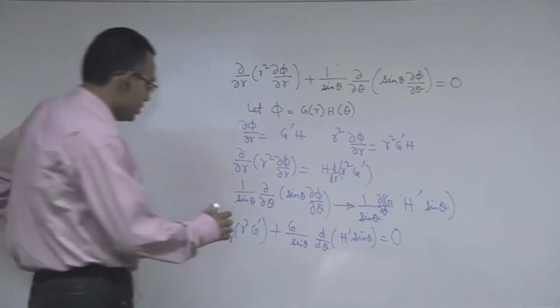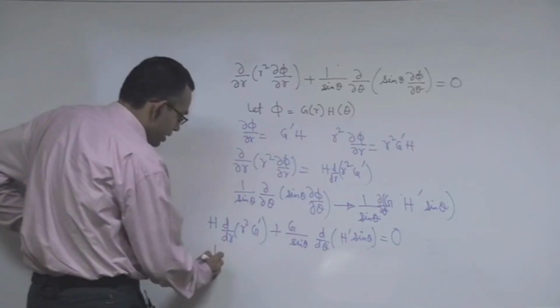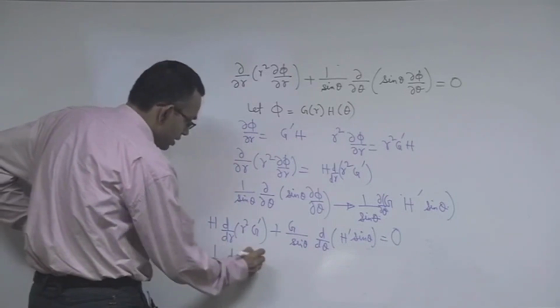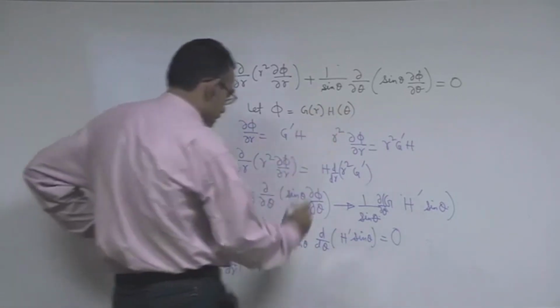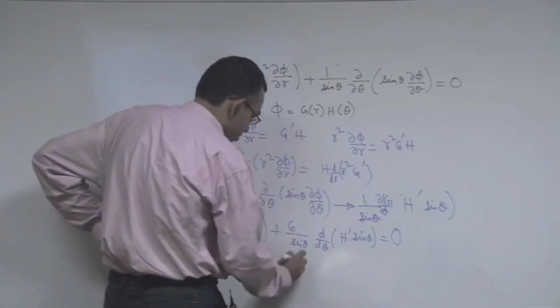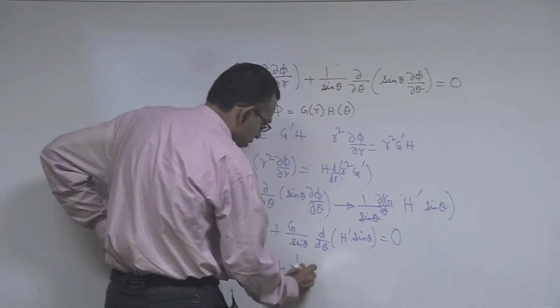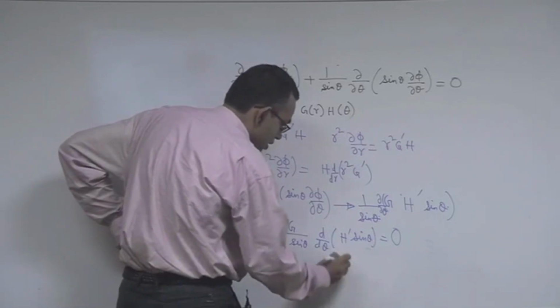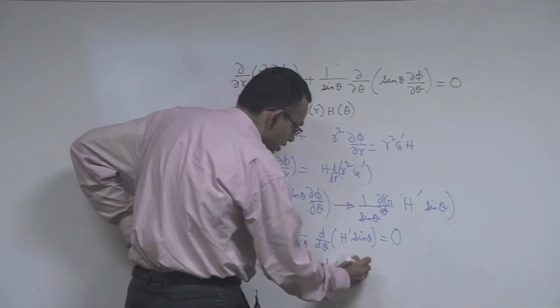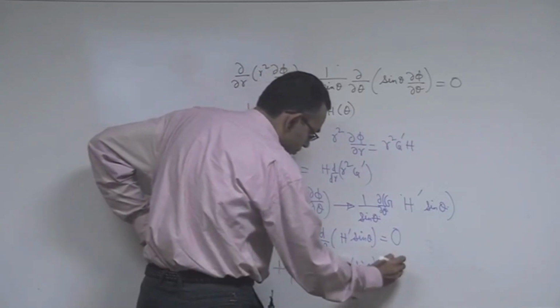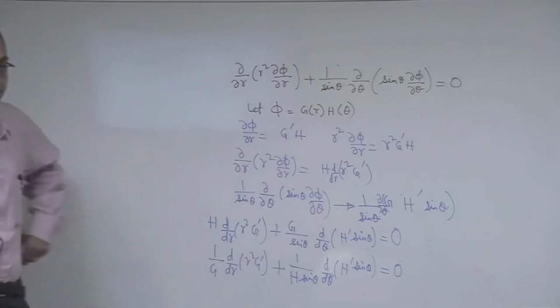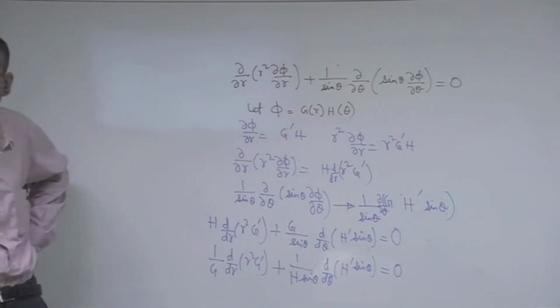So, this becomes 1 by g d d r of r squared g dash plus 1 by h sin theta d d theta of h dash sin theta equal to 0.